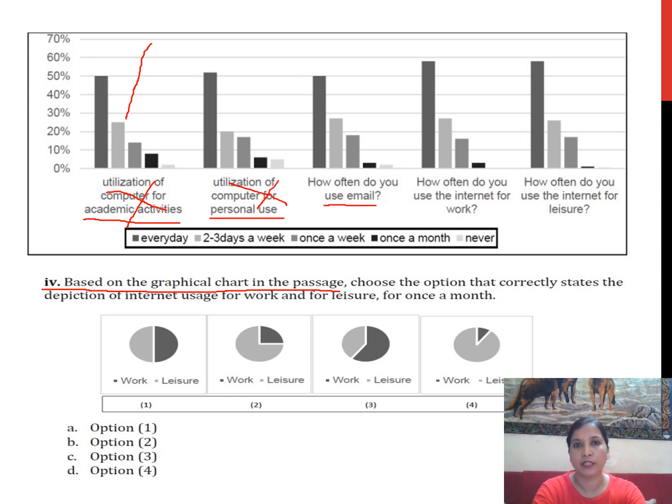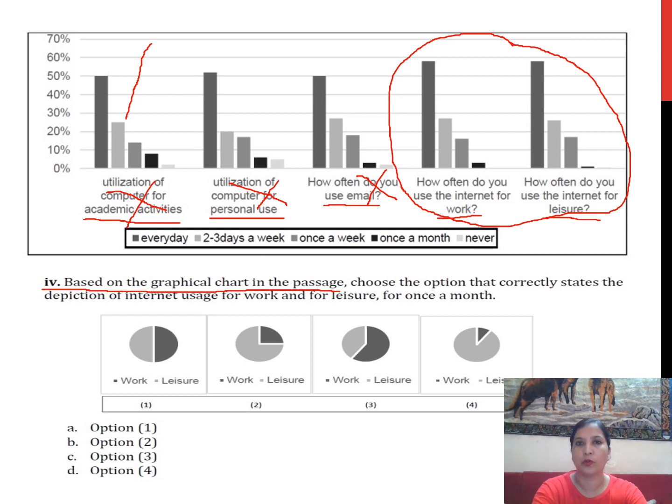The third bar graph tells us about the email part, which is also not asked in the question, so this one is also not relevant for us. Now the fourth bar graph, it is telling us about work, and the fifth one is telling us about leisure. Now these two are asked in the question, so we have the two keywords, and now we have to deal with only these two bar graphs. Okay, the first one is for work and the second one for leisure, and that too for once a month.